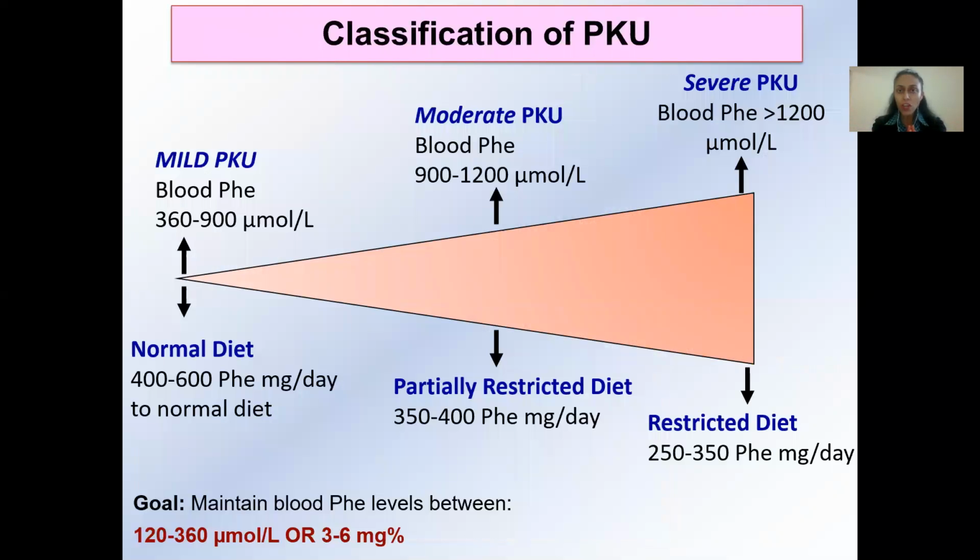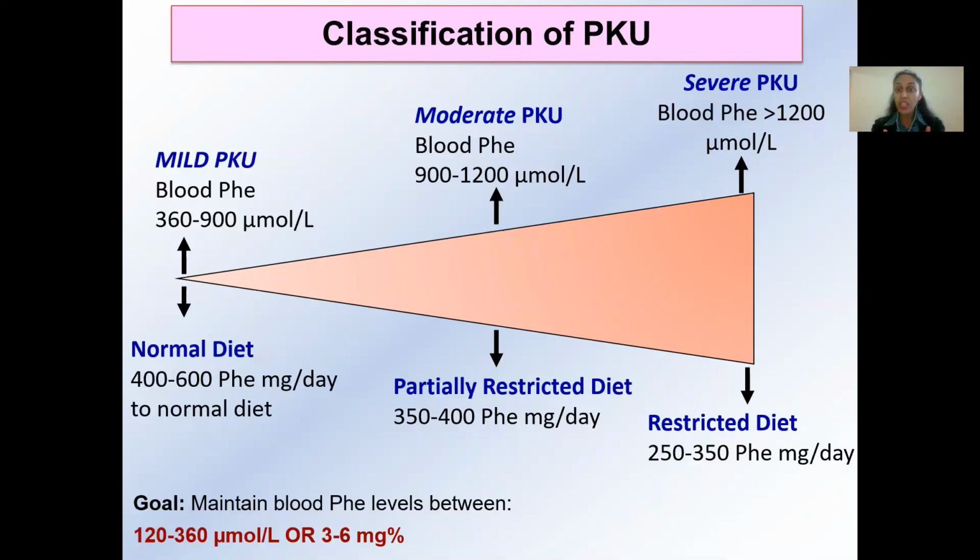So now moving on with the classification, like with any other disorder, you have PKU which could be mild, ranging to moderate to severe. And what defines mild, moderate, severe? It is the blood level of Phe: a greater Phe level in your blood may be reflective of severe PKU, and a low Phe level may be reflective of mild PKU.